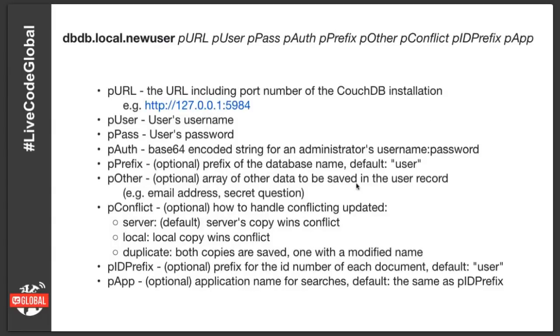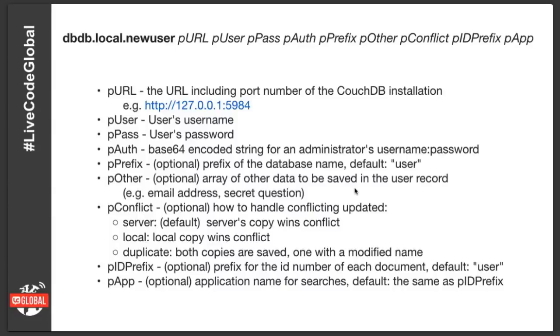So the dbdb local new user is a Meteor command that is going to create a database for the user. It's going to insert a design document that helps in the syncing process, and it's going to create a new user in the users database in CouchDB.